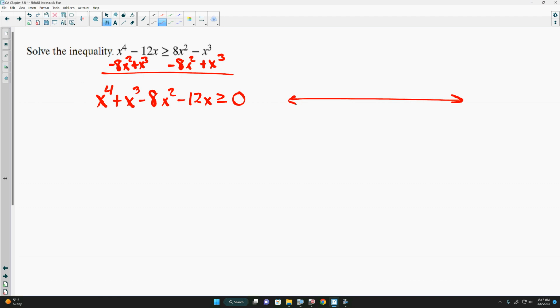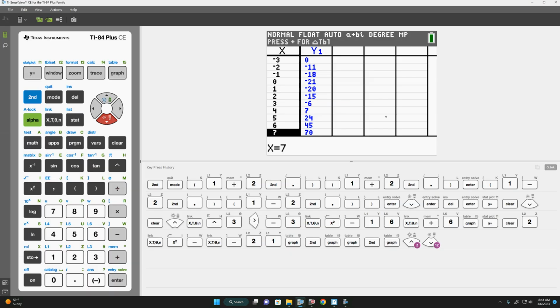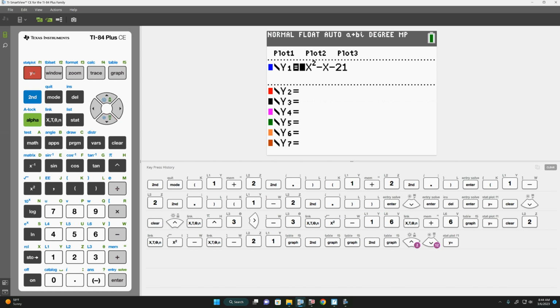Since x to the 4th is our variable with the biggest exponent, we're going to have 4 places at least that it's going to possibly cross the graph because we should have 4 solutions. One of the solutions is going to be 0, because do we have a constant term here? Nope. So x equals 0 is going to be one of them.